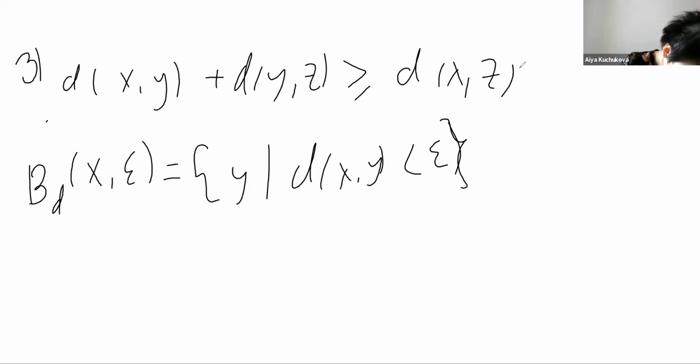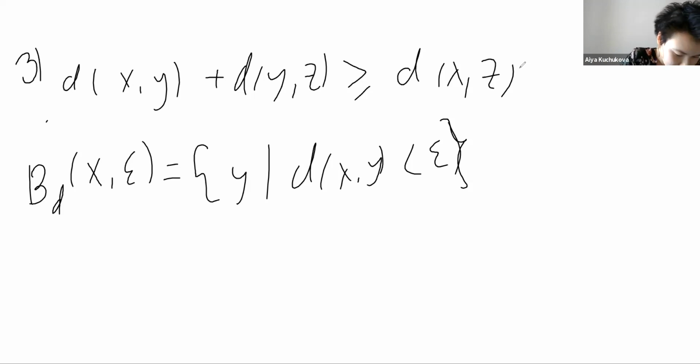And what we said is that those balls with radius epsilon are the basis of that topology. We showed for different reasons why it holds, and I will not talk more about that because that's kind of long, and I went over it last time.